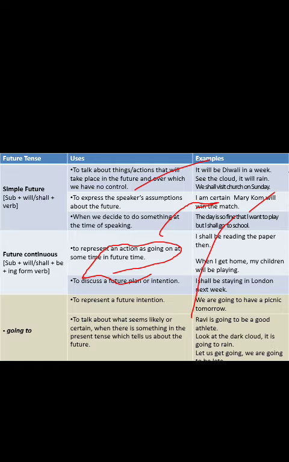If you write go in the form of present continuous tense, it will be as such: subject plus am or is or are plus the ing form of the verb go, that is going, followed by to and the main verb.